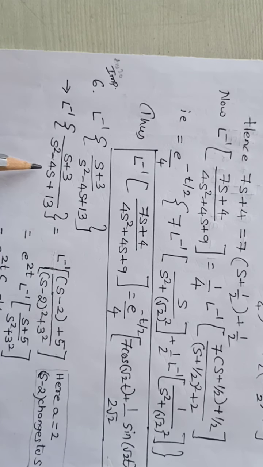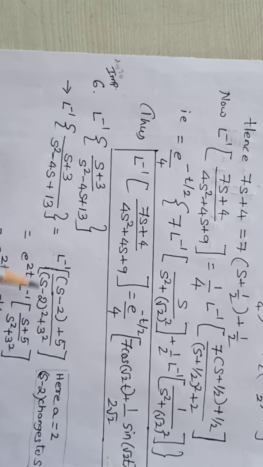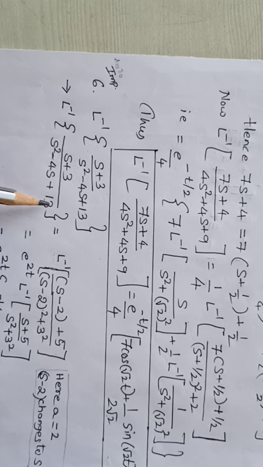A minus b the whole square has 2ab, which becomes here 4s. So s square minus 4s plus 4, plus 4, but here 9 is there. Again we will add 4 plus 9 here. 4 plus 9 is 13, which is 3 square again. Again we are getting a square, because afterwards we will do s square plus a square.